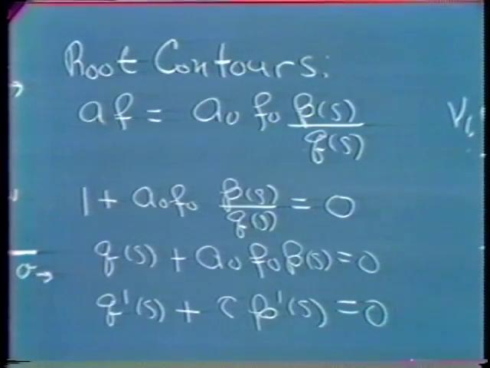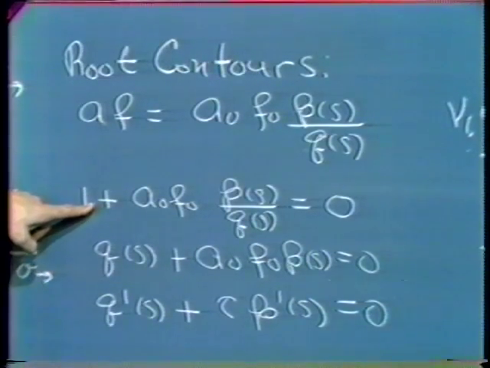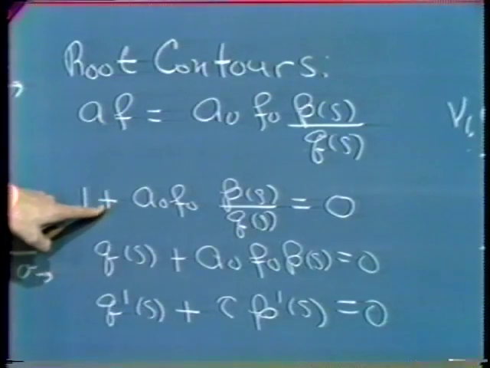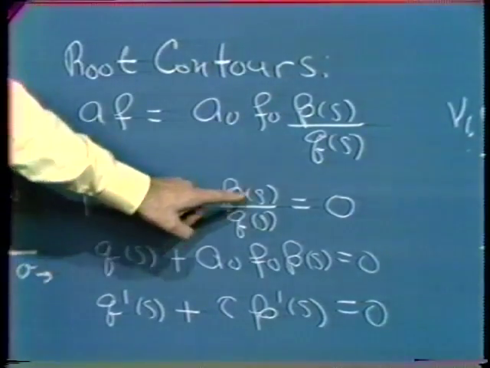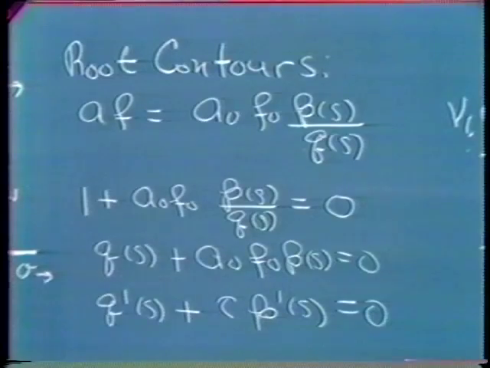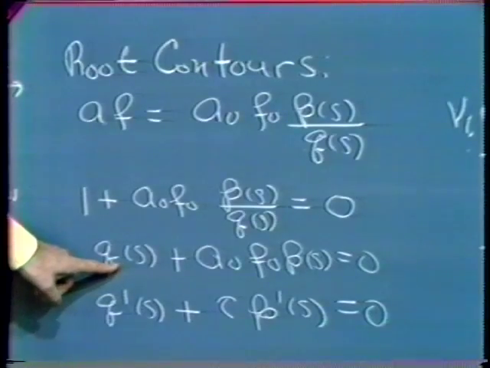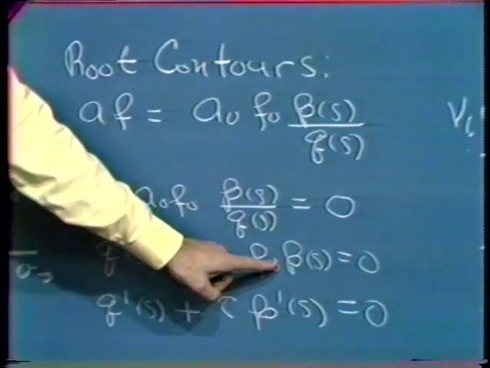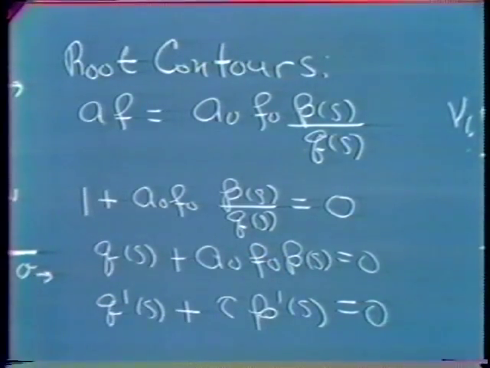And when we construct a root locus diagram, we're simply arguing that 1 minus the loop transmission, which is 1 plus A0, F0 times our ratio of polynomials, is equal to 0. Or correspondingly, the equation that we're solving, if we simply multiply through by Q of S, is Q of S plus A0, F0, P of S equals 0.